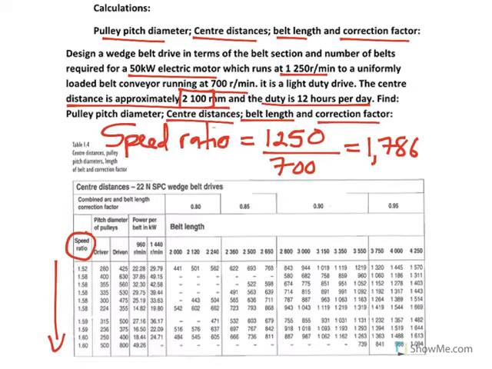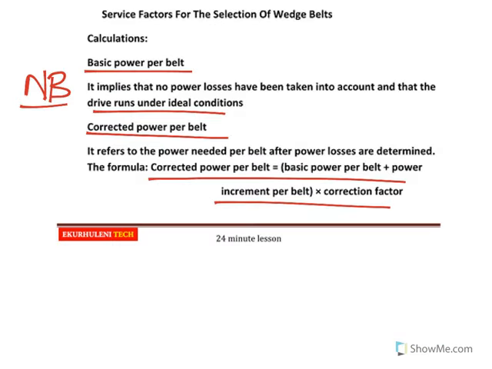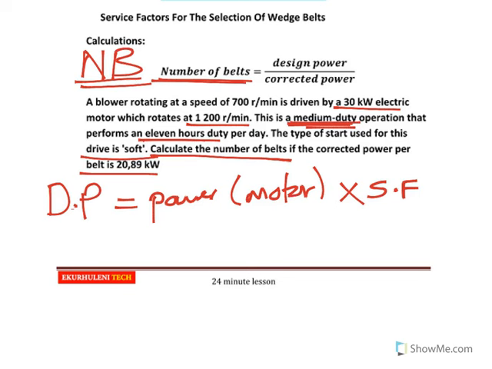If I come back to my question, again, it was soft start, 11 hours. The service factor here was 1.2, and the power of the electric motor is 30.